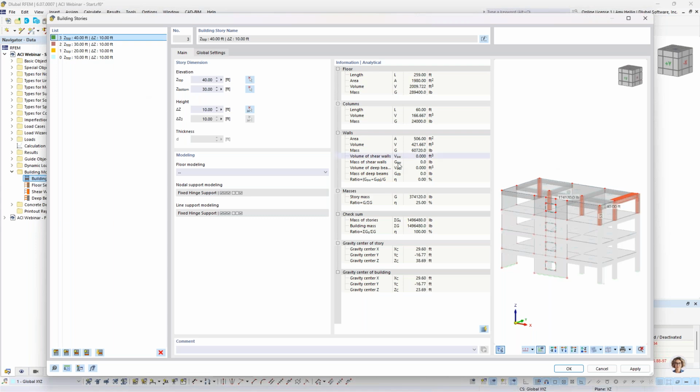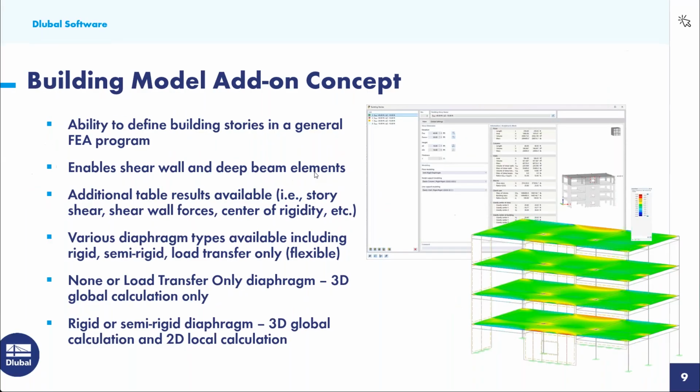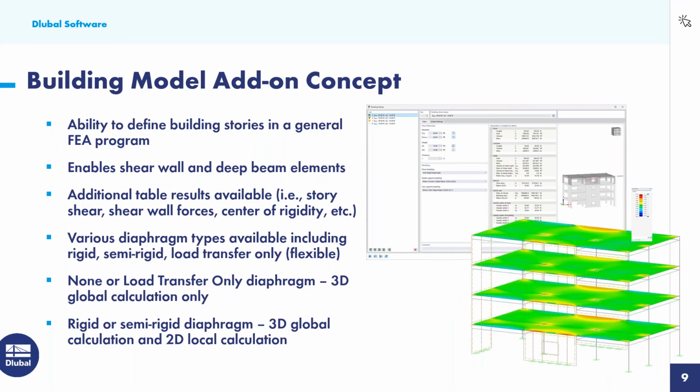Now, once we have created the different stories, you'll see here that for each one of our floors, we now have the ability to assign a diaphragm to this particular floor or to all of the floors, including rigid, semi-rigid, and load transfer only. So let us go back to the PowerPoint because I do want to discuss the building model add-on concept in more detail, as well as these different diaphragm options.